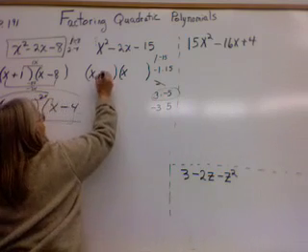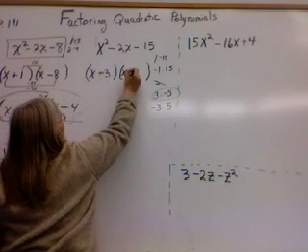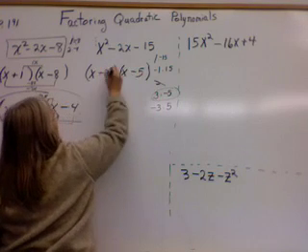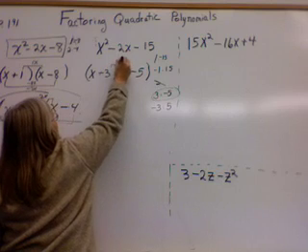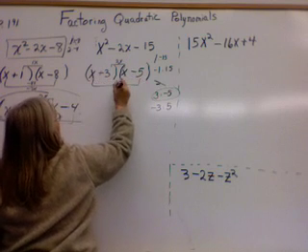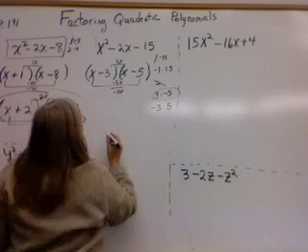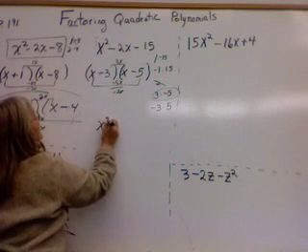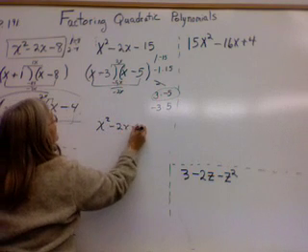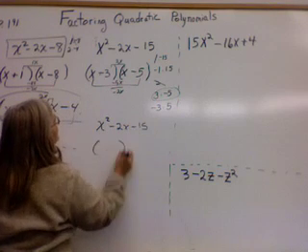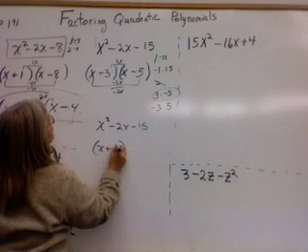All right, let's try it. +3 -5. Let's check. 3x. Check here. -5x, -2x. Well, and that was pretty easy. x squared -2x -15 factors into (x + 3)(x - 5).